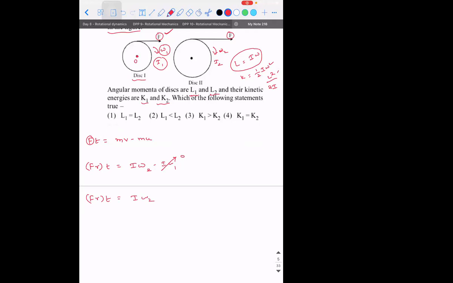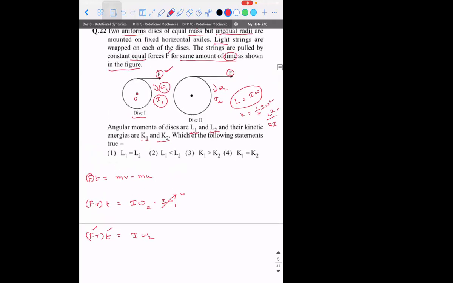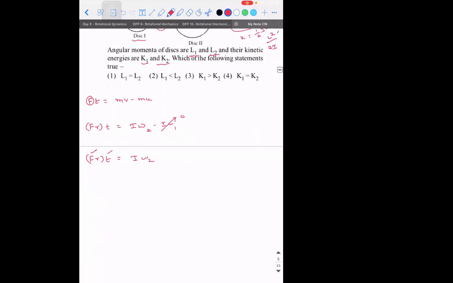So here, what are all the parameters that are constant? F and t are constant because they hold equal forces and equal amount of time. So from this, I can conclude R is directly proportional to angular momentum, or angular momentum is directly proportional to R. Accepted?